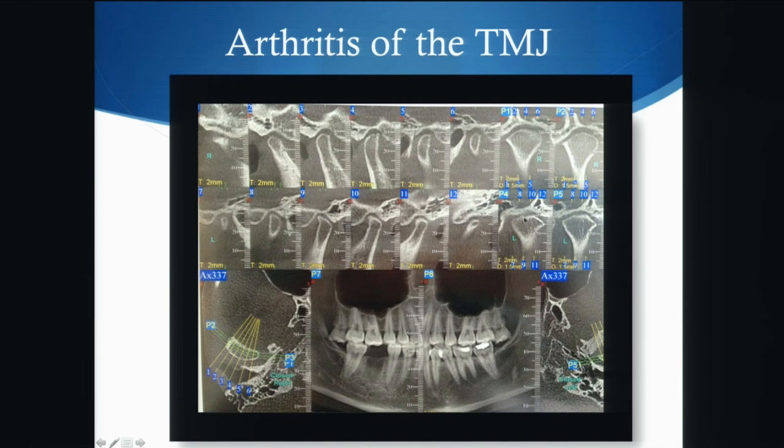There's not quite a line here. Same thing here. We lose the line at this point in the image. And that's the sign that there's an active process happening. That's the difference between the remodeling and the active joint degeneration.